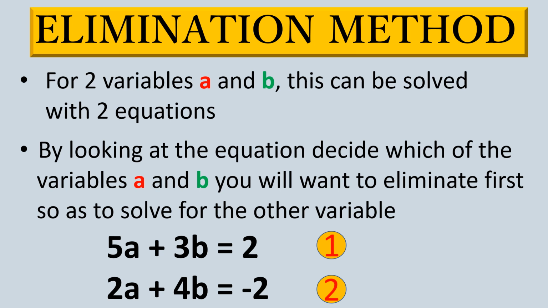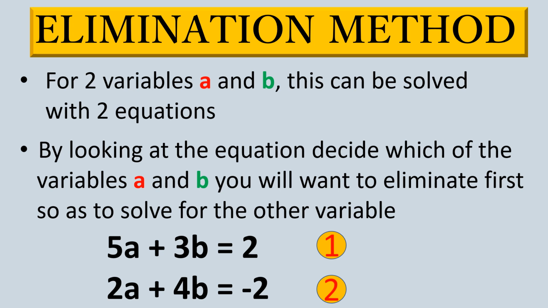In equation 1, which of the parts has the a? You have 5a. In equation 2, which one has a? You have 2a. Now, how do we make equation 1 and equation 2 look alike in terms of the a's?